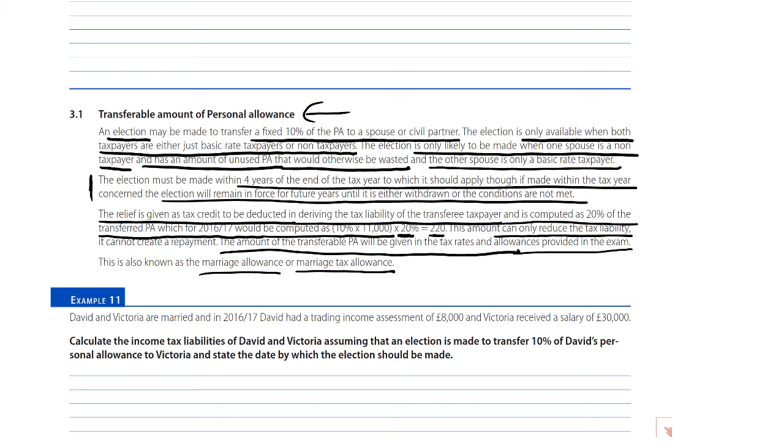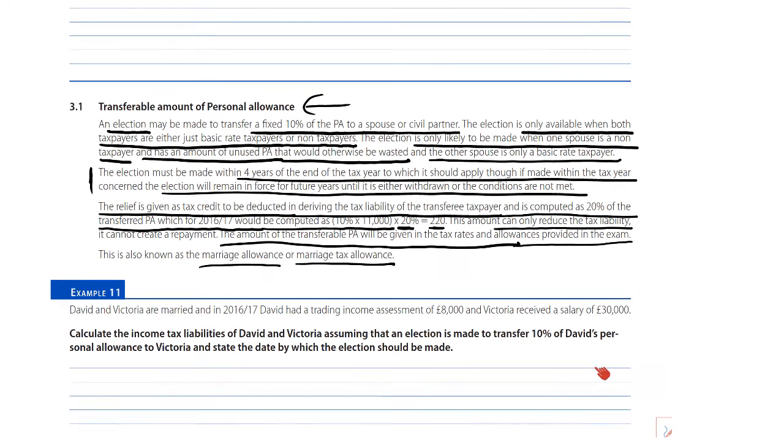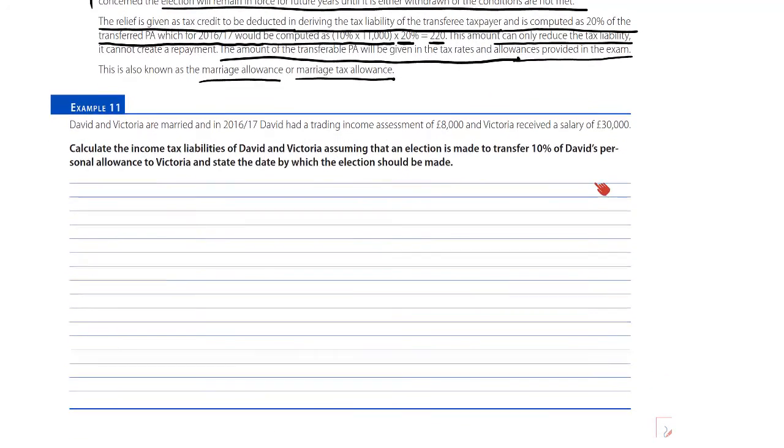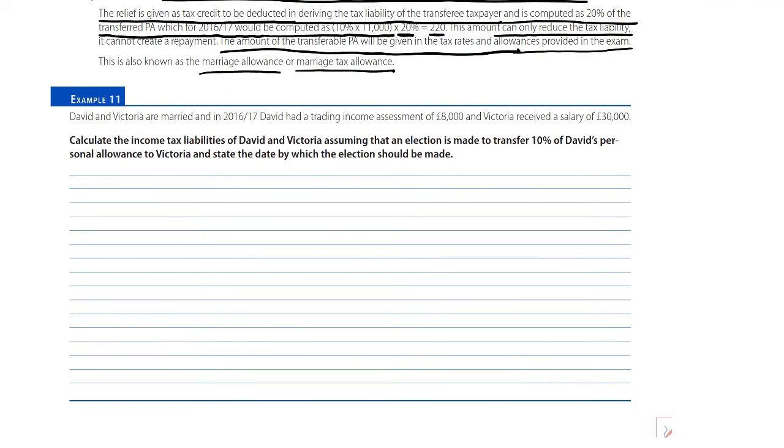Let's have a little look at our example here, therefore, example 11, to illustrate this. We've got names people are unlikely to be at the lower end of the taxable income spectrum here, but we've got young David and Victoria. They're married, and in 16-17, David had a trading income assessment of £8,000, while Victoria received a salary of £30,000.